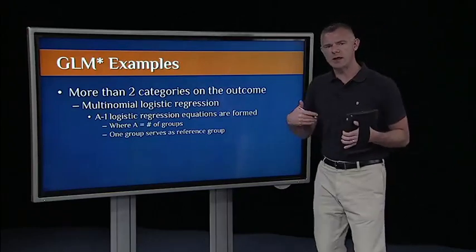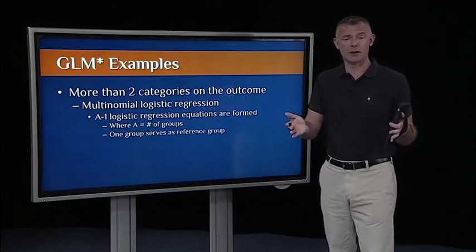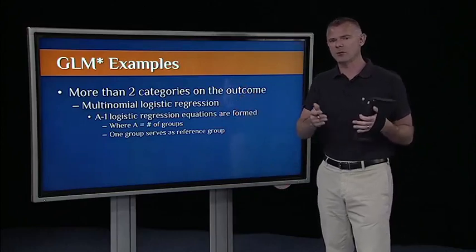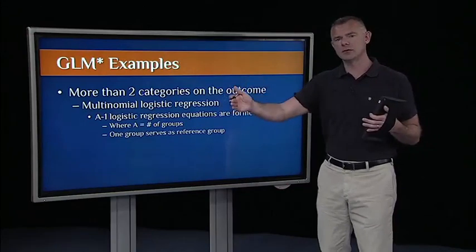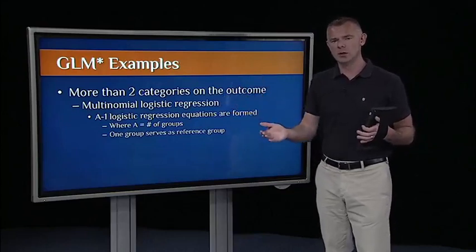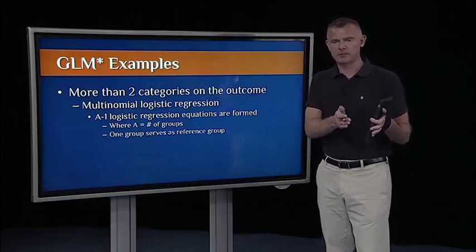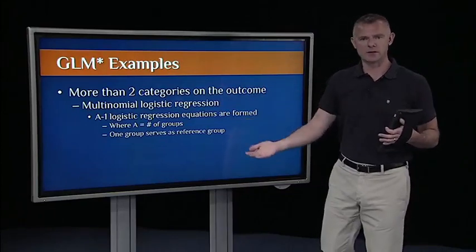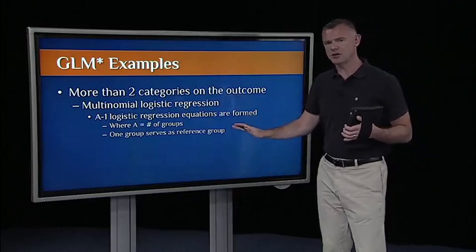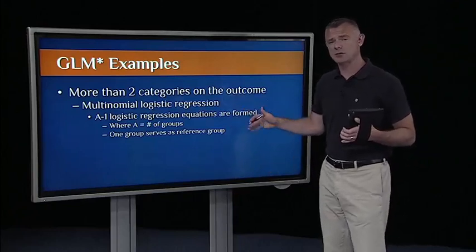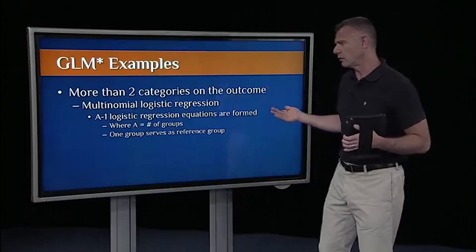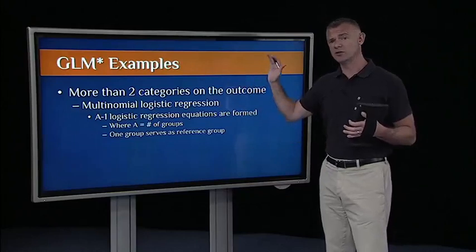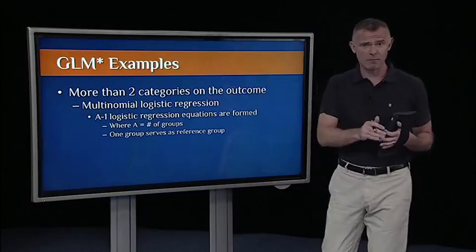In the same way that we created dummy codes for categorical predictors, right? Because this is a categorical variable. If we had a categorical predictor with multiple levels, then we had to create dummy codes. One level served as the reference, and then we created as many codes as we needed to fill in the rest of the categories. Same exact logic applies here. That would allow you to do multinomial logistic regression, and you would do it by using this mathematical framework GLM star and the function GLM in R.